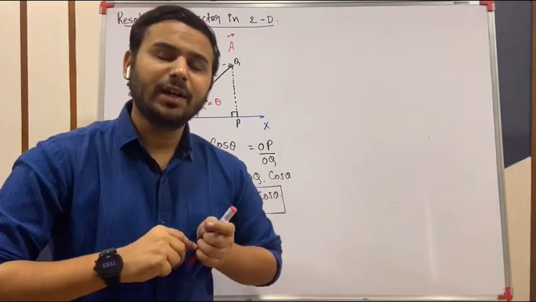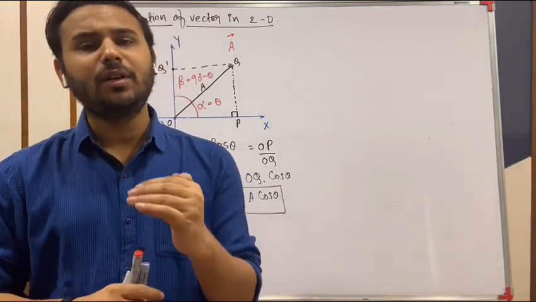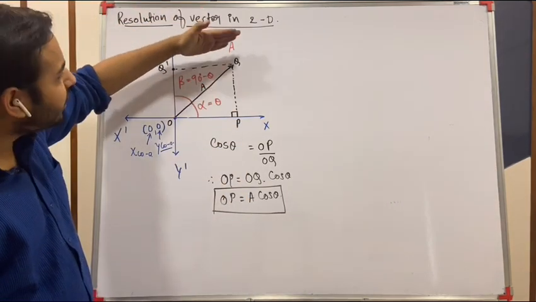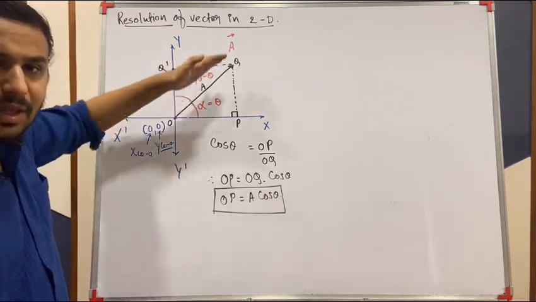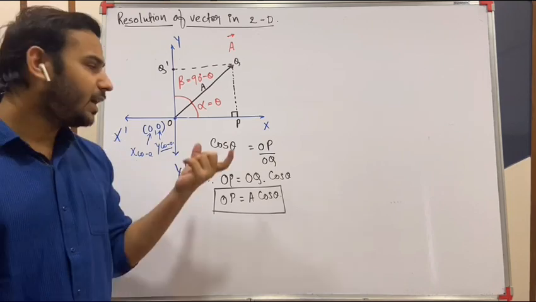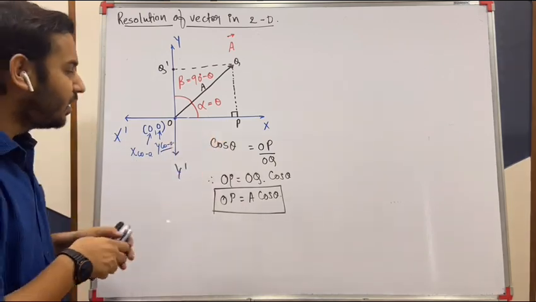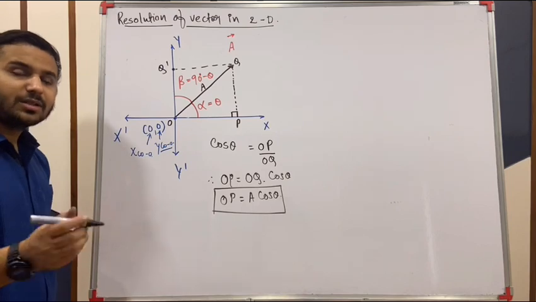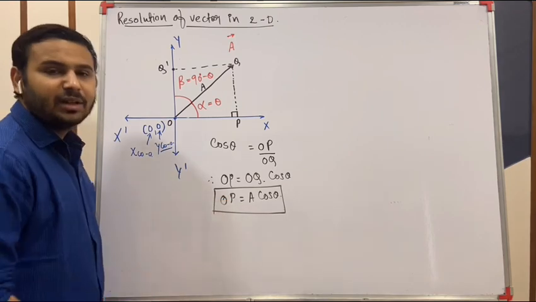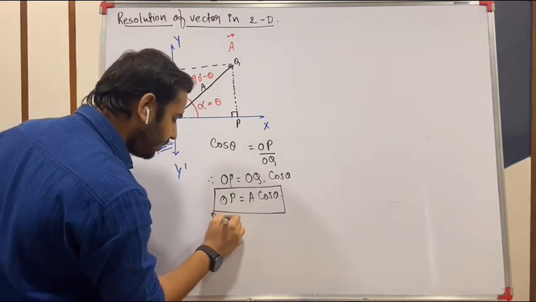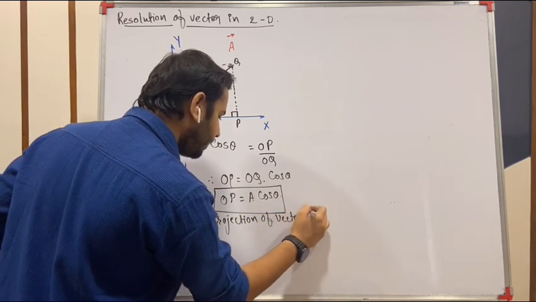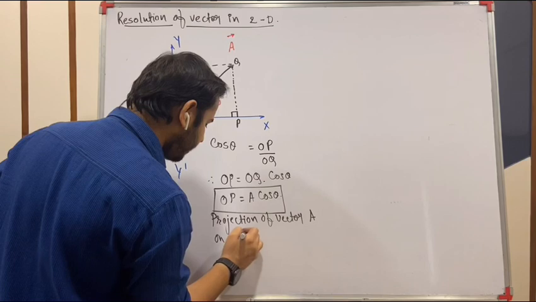Here A cos theta is called projection of vector on x-axis. What is projection? If you throw light from this direction, the shadow of this vector A on x-axis will be exactly equivalent to OP, which is called x coordinate, or you can say projection of vector A on x-axis.